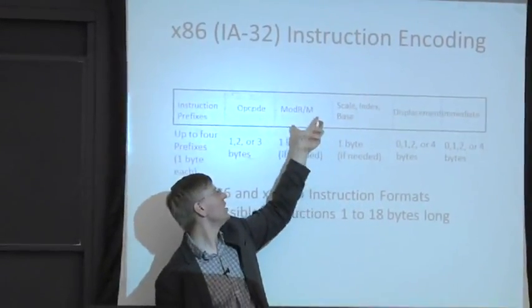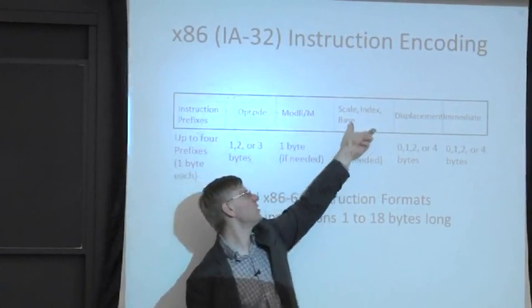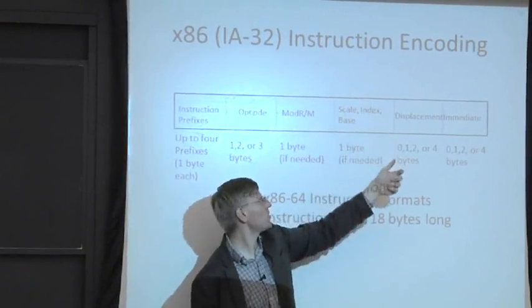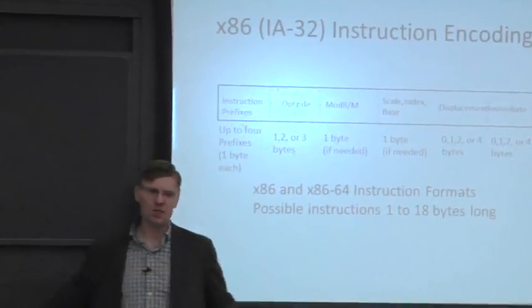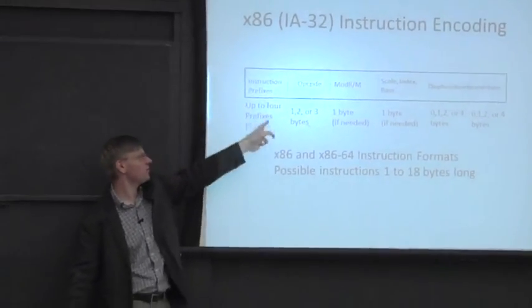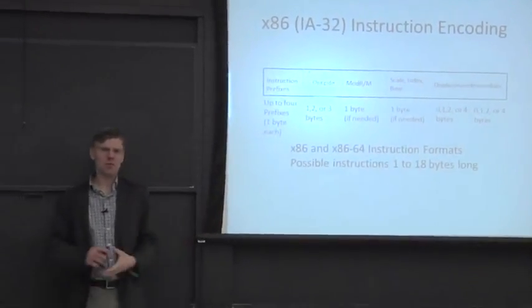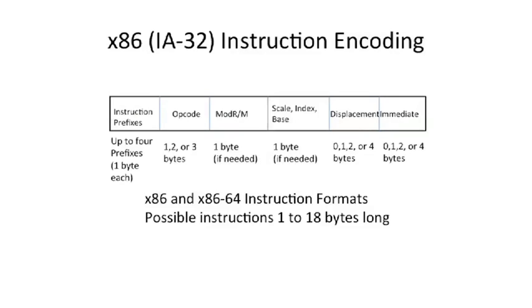And then there are different addressing modes, with special information, displacements, and immediates about the different addressing modes, and those all take up more space. And then you can also have prefixes. So that rep in rep movsb is actually a prefix which says repeat this operation multiple times. You can encode all these things in a variable length instruction format like x86.